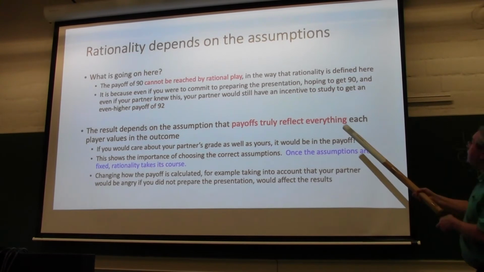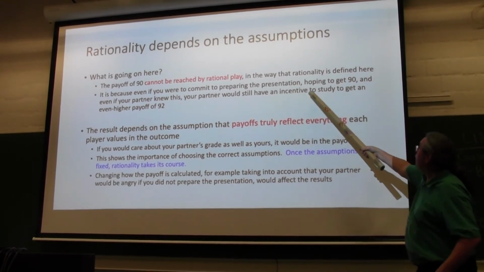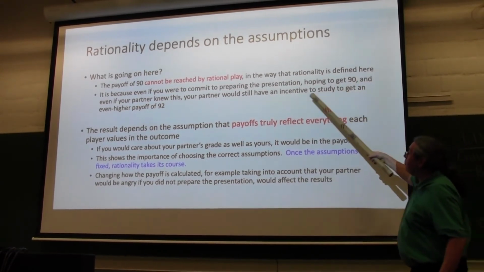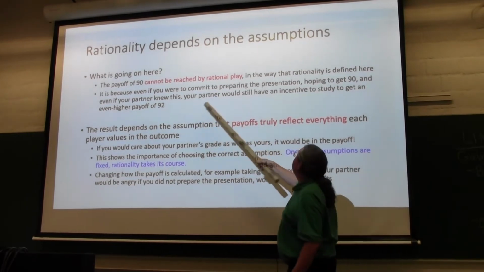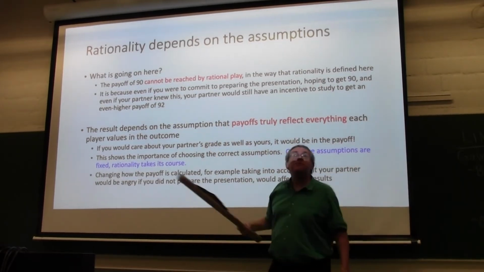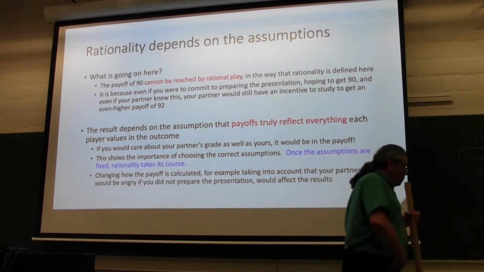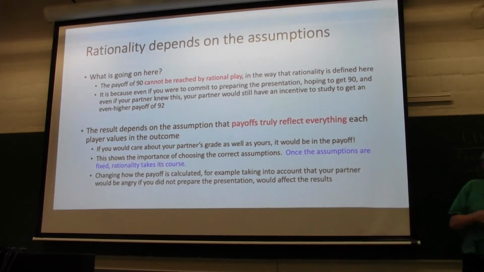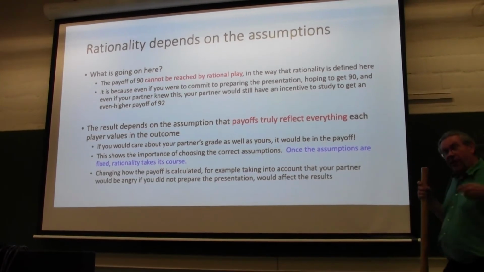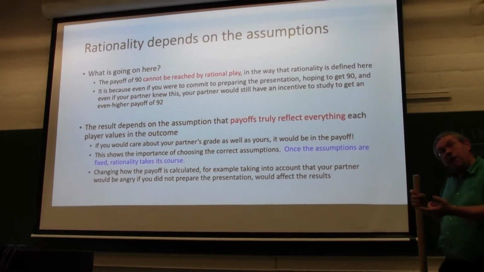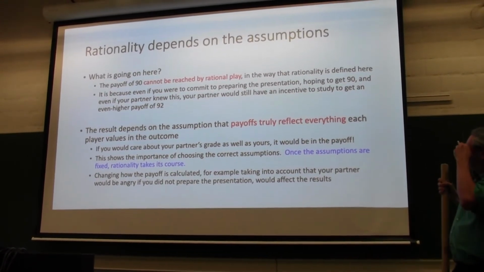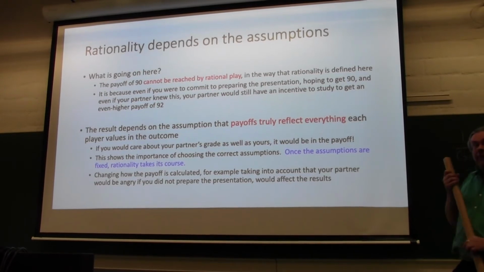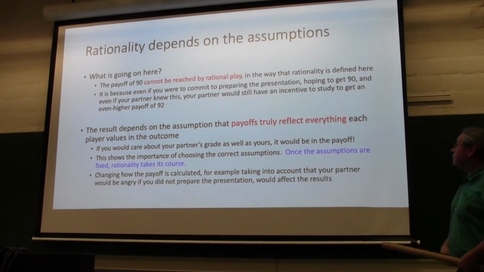Let's say you do prepare the presentation, you try to get the 90. If your partner knew this, they could still study and get 92. Somehow, even if you try to be nice and do the presentation, the other person would do even better by cheating. So you have to worry about cheating.